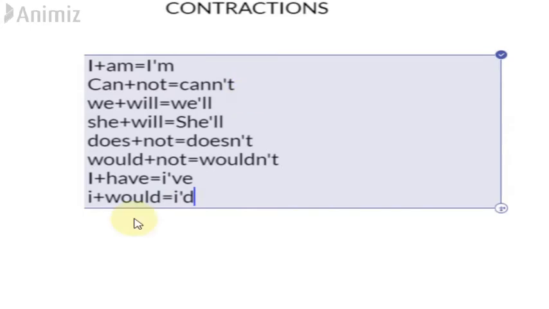So now these are some examples of contractions. Contractions means when we combine two words together and make a short word out of them. So what we do is we use an apostrophe instead of the missing letters. So for example, I plus am becomes I'm, can plus not becomes can't, we plus will becomes we'll, she plus will becomes she'll, does plus not becomes doesn't, would plus not becomes wouldn't, I plus have is equal to I've, I plus would is equal to I'd.